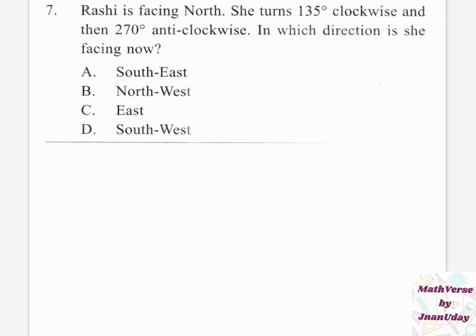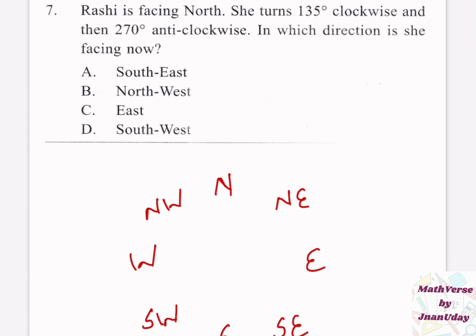Let us understand the directions. So this is north, south, west, east. Okay, so this is going to be northeast, this is southeast, southwest and northwest. She is facing north. So right now she is facing north. She turns 135 clockwise.